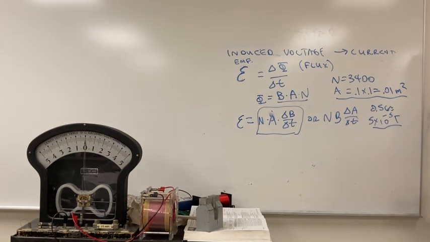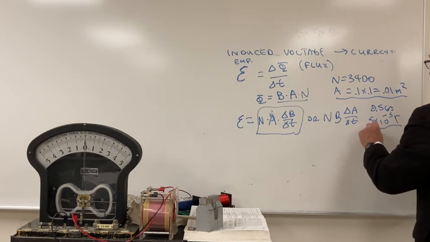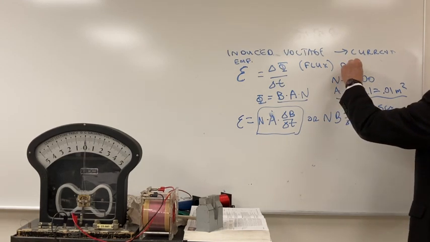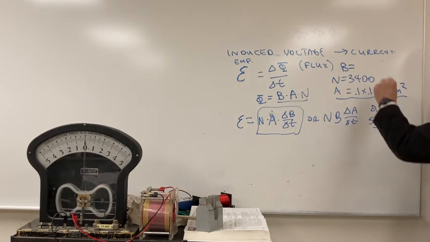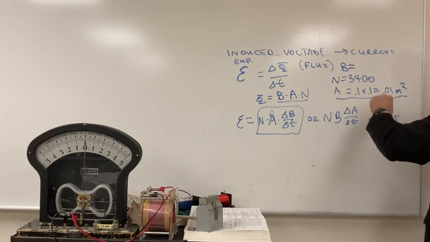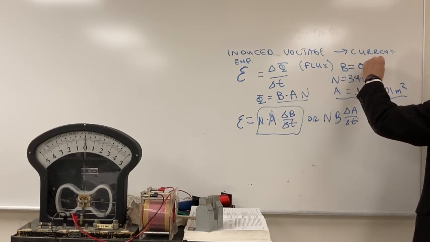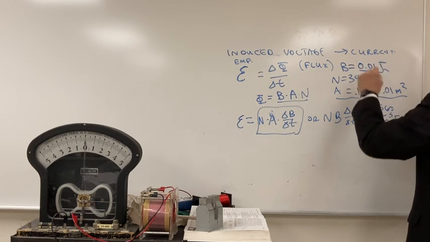All right? So if we say this is 1,000 times stronger than that, let's say B for this part, B is 1,000 times that, let's say 0.01 Tesla, all right?